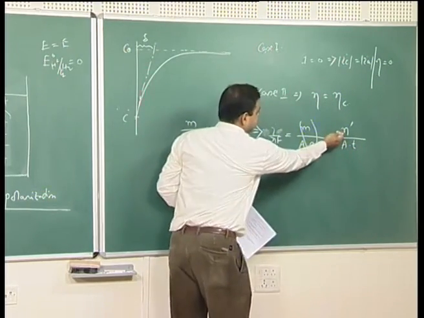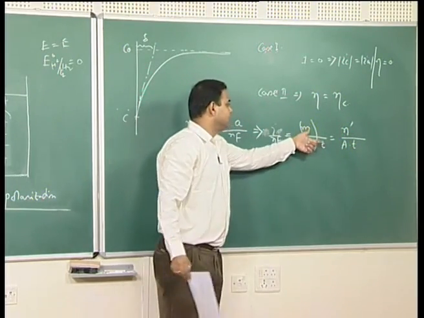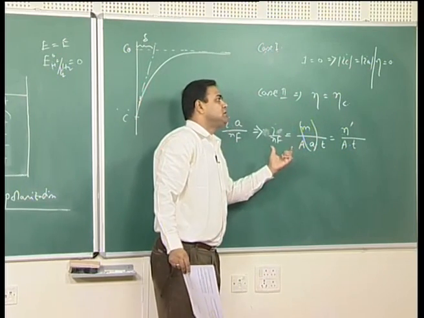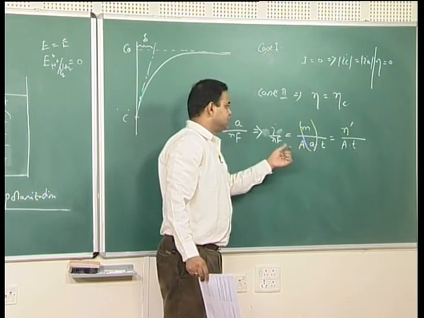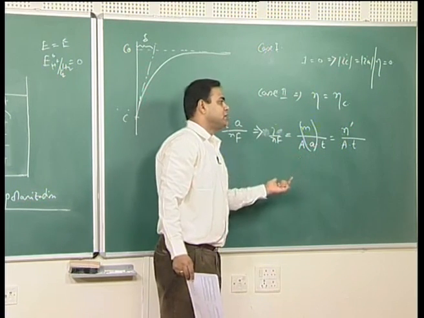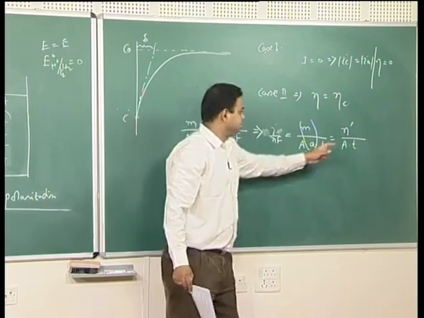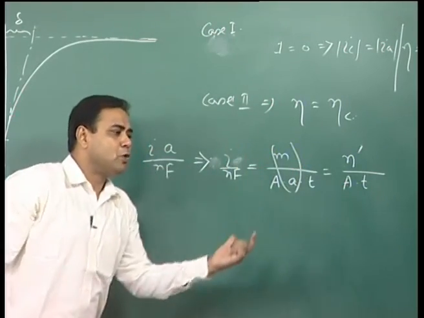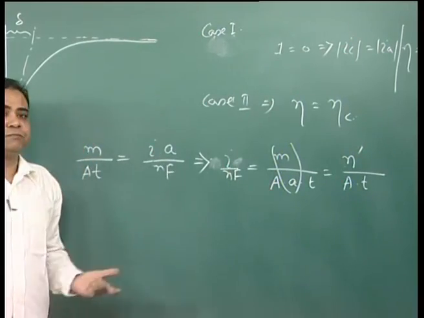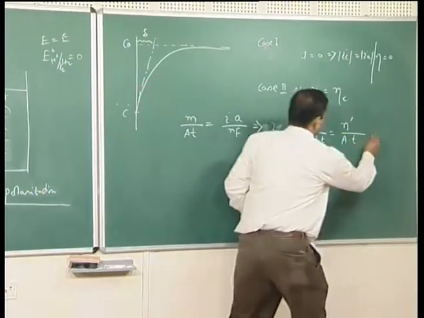So this N dash is nothing but the number of moles, the total mass that is transferring from one section to another divided by the atomic weight of that metal giving rise to the number of moles, and you see the number of moles per unit area per unit time is nothing but the flux. So this is J.